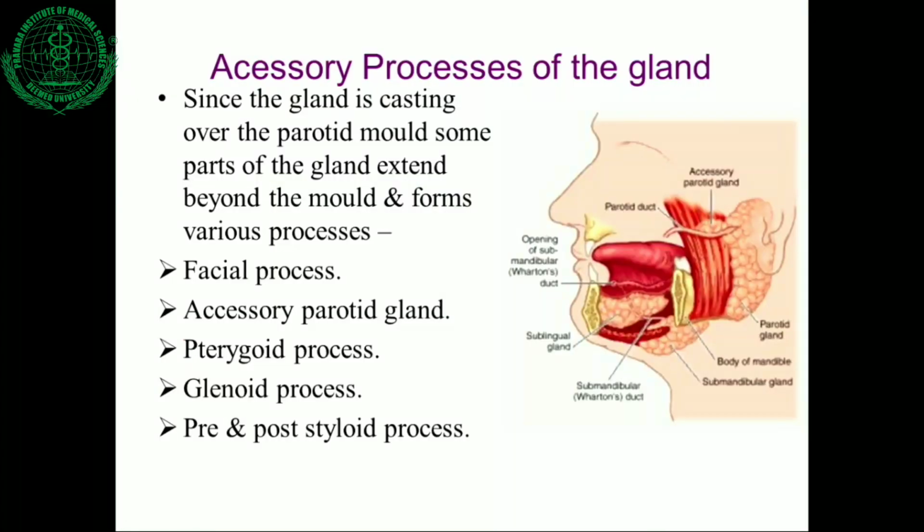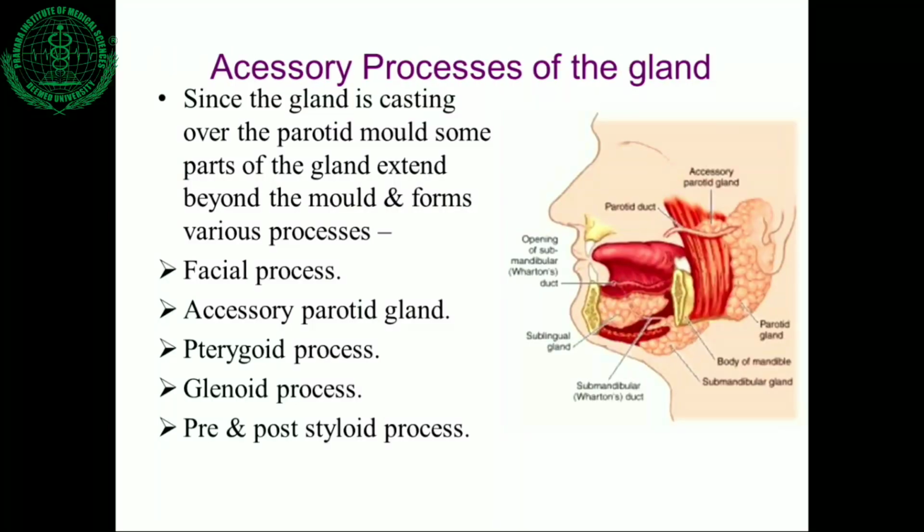Then after these extensions of the parotid gland, now regarding the accessory processes of the parotid gland. The different accessory processes present in the parotid gland are: the facial process, then the accessory parotid gland, which is present superiorly near the parotid duct.